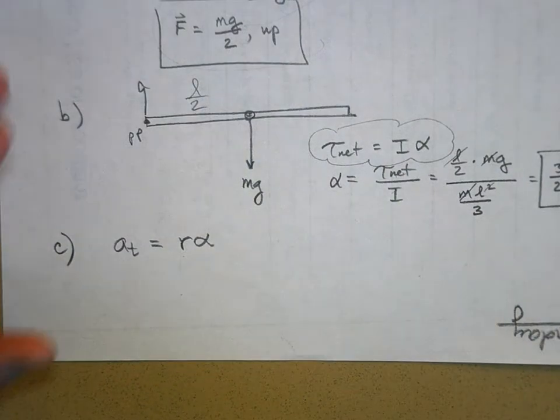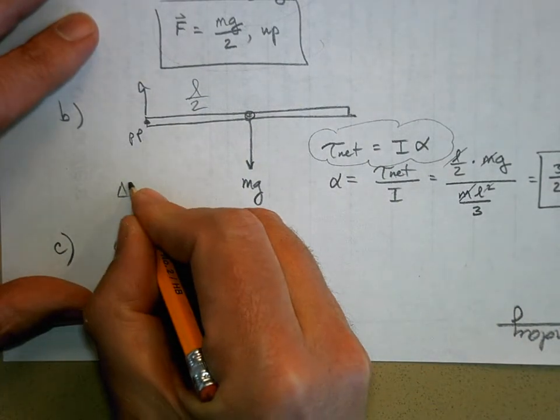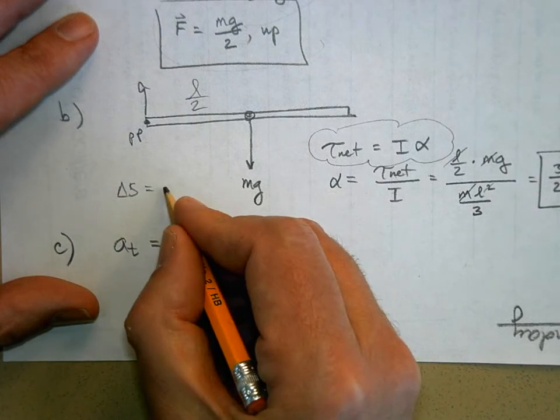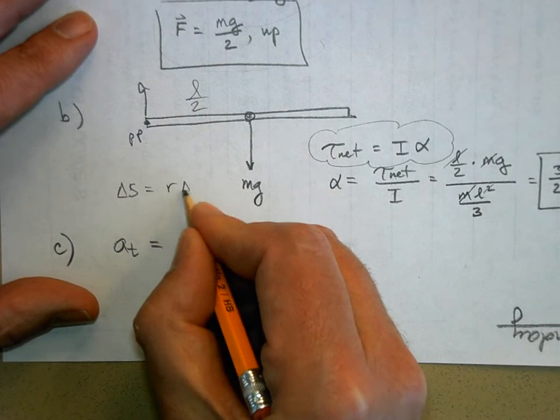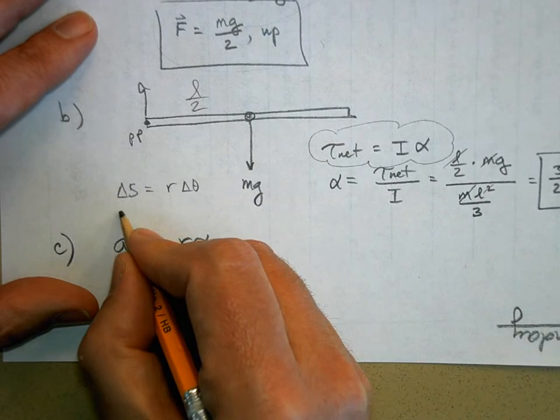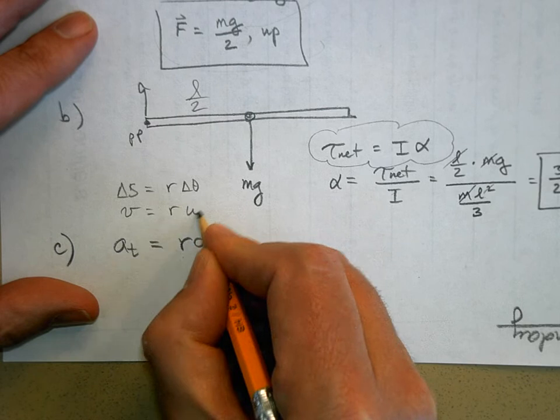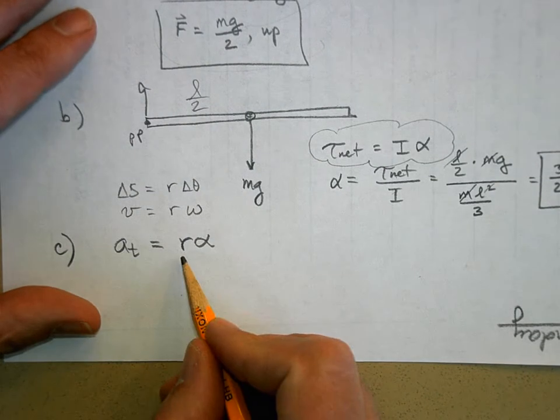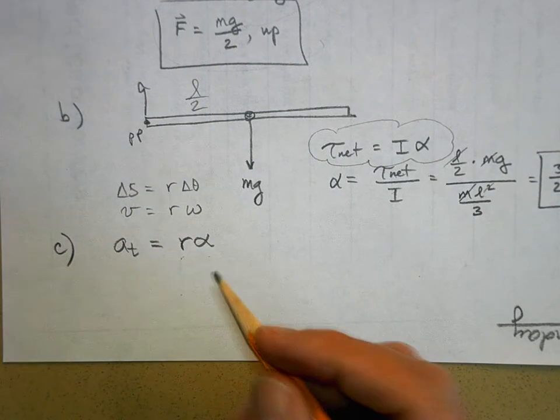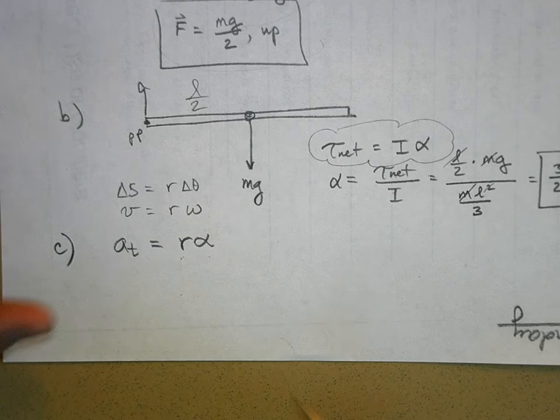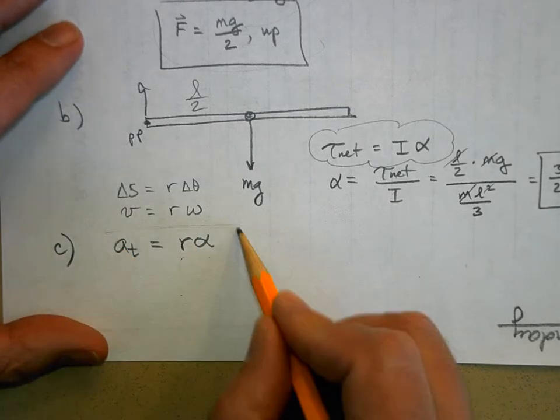Where delta s, the arc length I go, is equal to r times delta theta, and our speed is r times omega. And this is our tangential acceleration, r times alpha. Remember, though, there is another acceleration when it has speed, and that's the centripetal acceleration. So acceleration is a little more complicated. But anyway, this is the equation we're going to use right here.